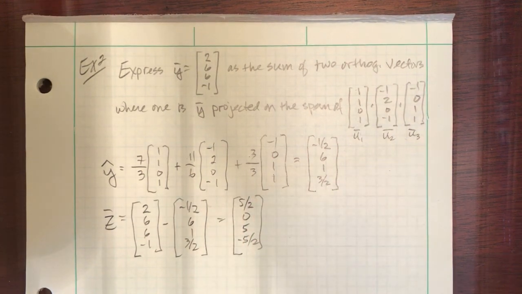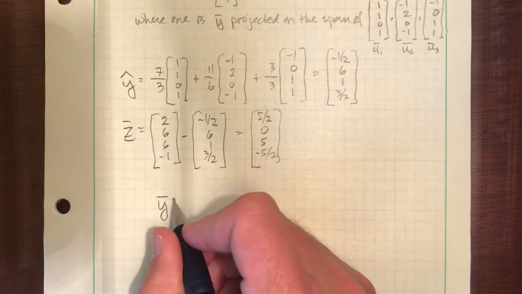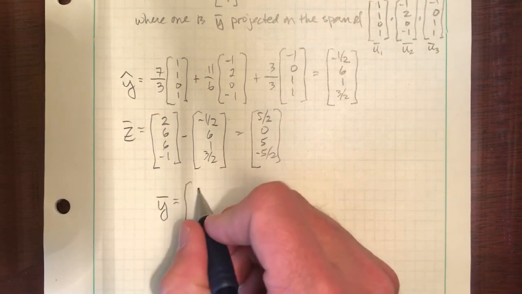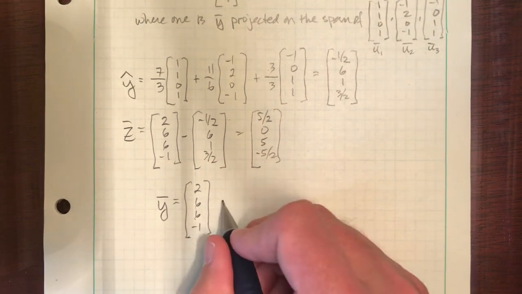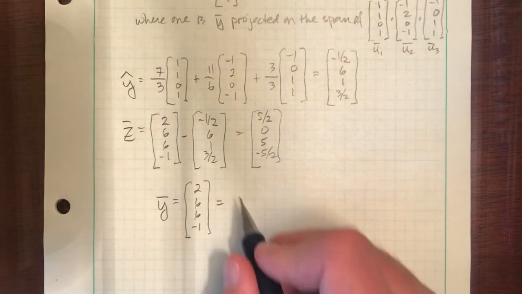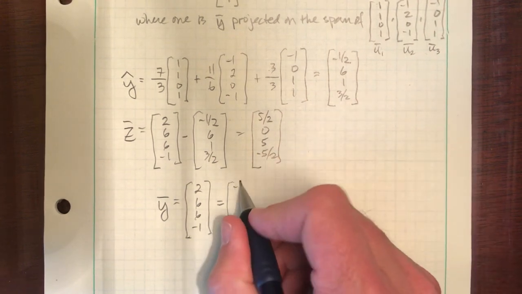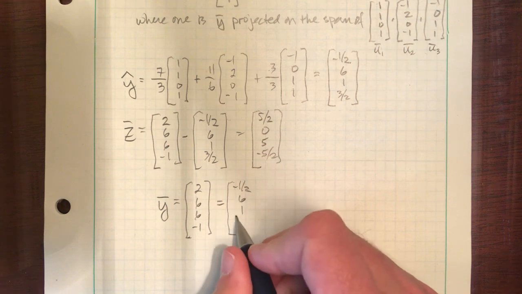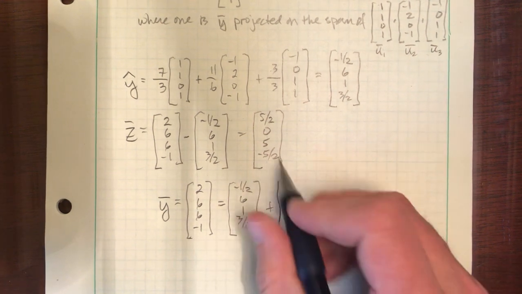So armed with those two, we can make a final statement that y, 2, 6, 6, negative 1, can be shown as the sum of two orthogonal vectors: y hat added to my z vector.